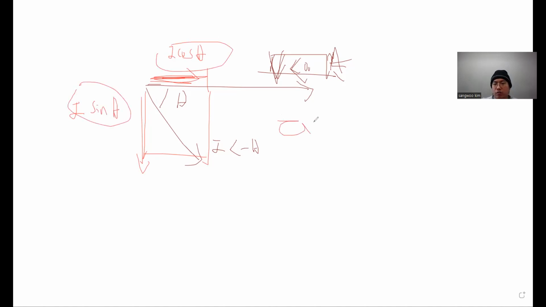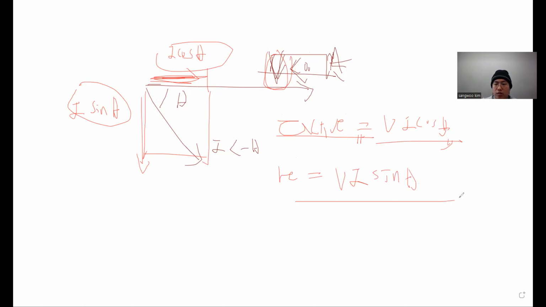You guys don't need to worry about this, just memorize the result. Active power is V I cosine theta. The reactive power is V I sine theta. This is the result, right? So reactive power is here, right?